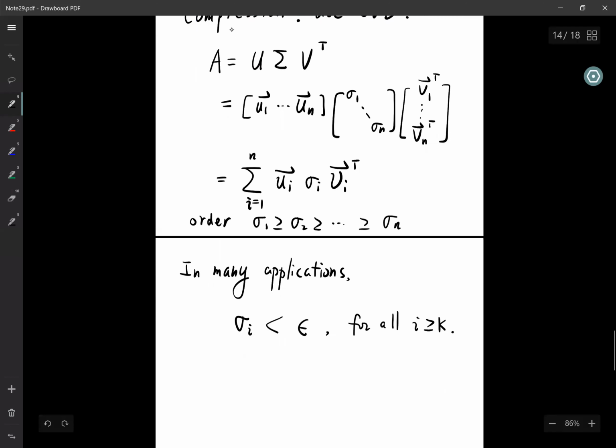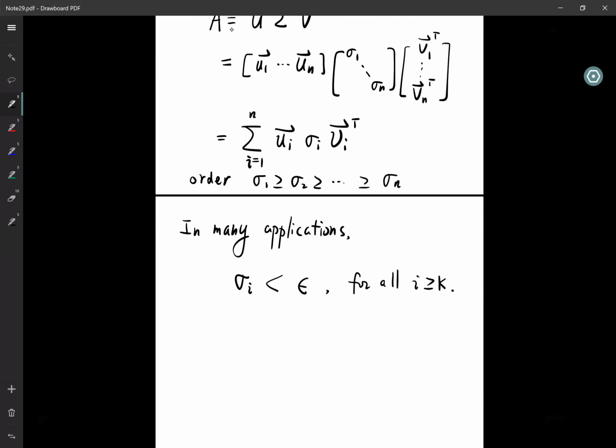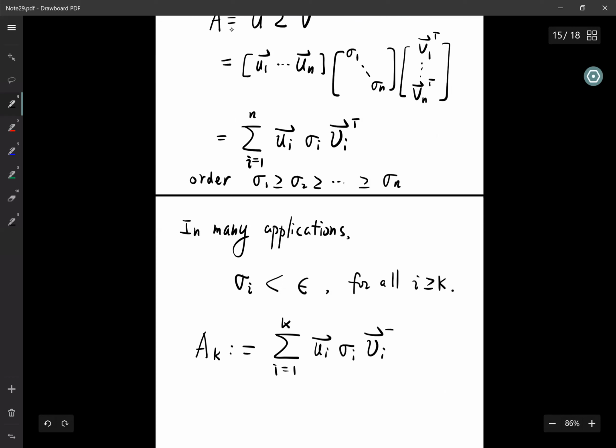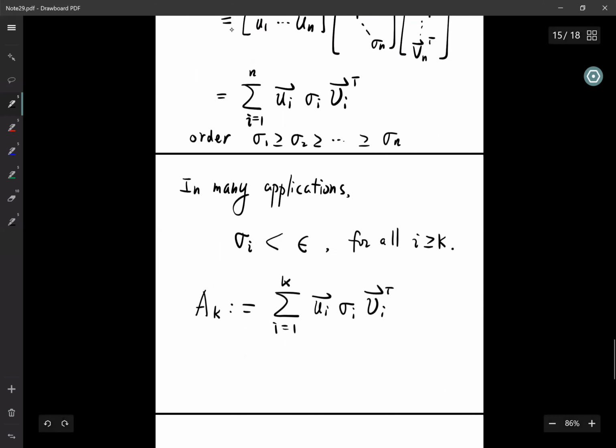Then there is going to be some threshold so that many of the sigmas are really small. So that means I can define Ak to be the sum from 1 to k. I only keep those singular values and the singular vectors that are actually important. So this is a so-called rank k compression.